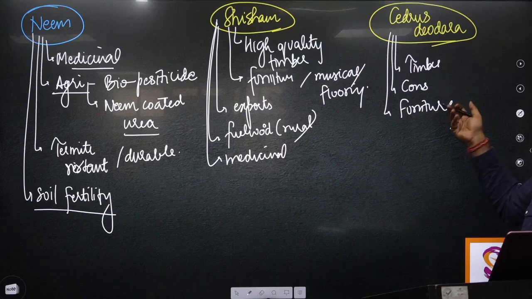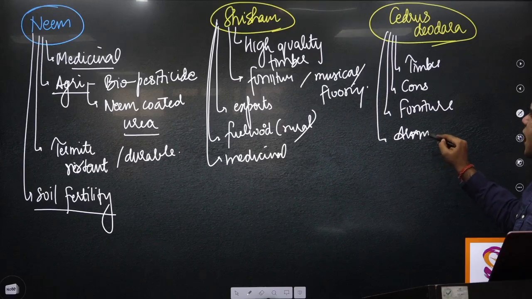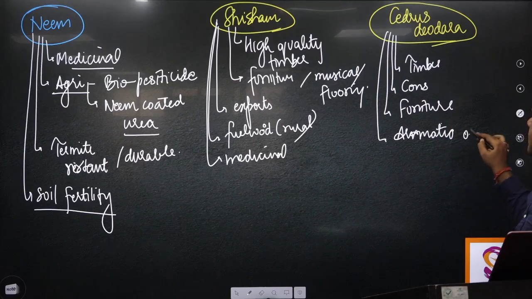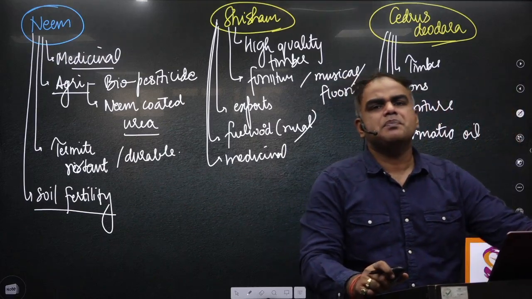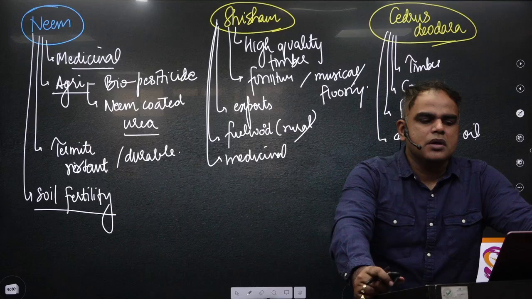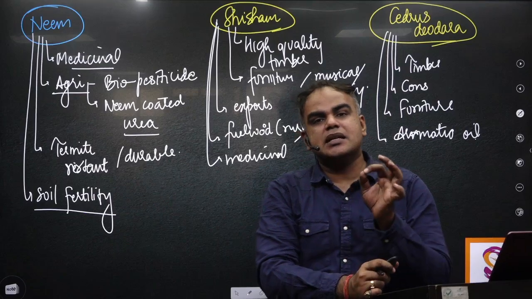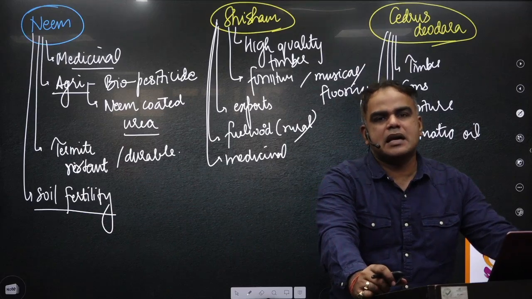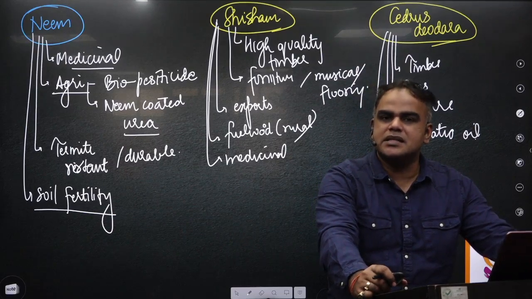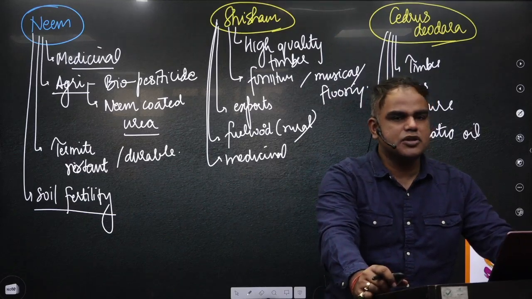In addition to this, the wood of deodar produces an aromatic oil, that can also be used, right? We can talk about that. Okay, and just one point I'll tell you, that the deodar wood is highly durable and it is resistant to decay, which is why it is used in various appliances. It is used extensively in the Himalayan region. Okay, we know that it is a tree of the Himalayan region.